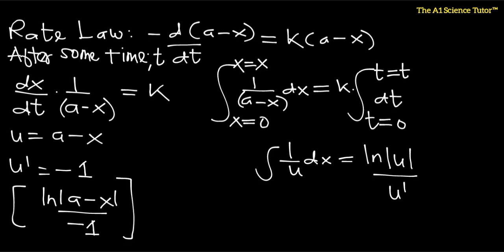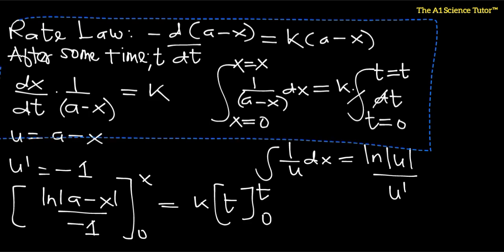And this occurs at the upper limit of x and the lower limit of 0. So this is equal to k multiplied by the other stuff which is here. Now if I integrated a derivative, that basically would cancel out, so I'm just going to have t with upper limit t and lower limit 0.